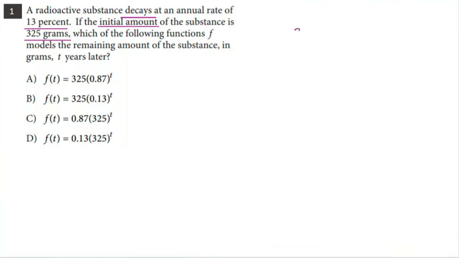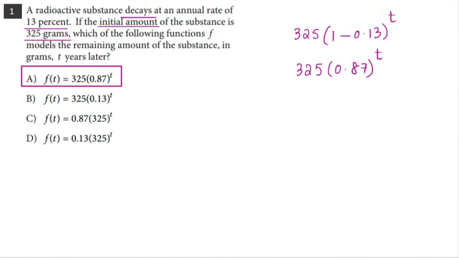So I know that the initial amount is 325, and then I can write 1 minus, what's the 13%? That's 0.13, to the power of t. So 325, and if you subtract 1 minus 0.13, that's going to be 0.87, to the power of t. So by this, I know that A is the correct answer.